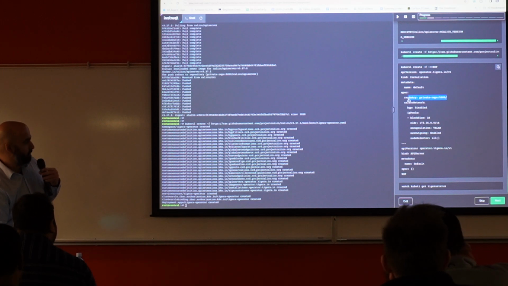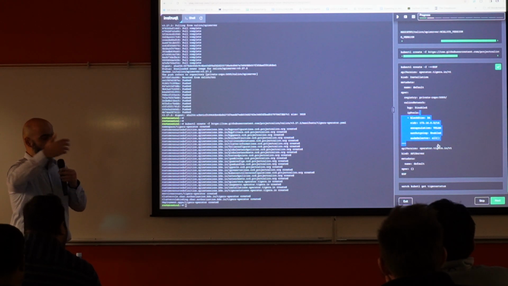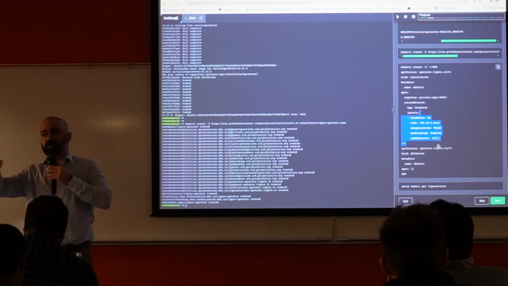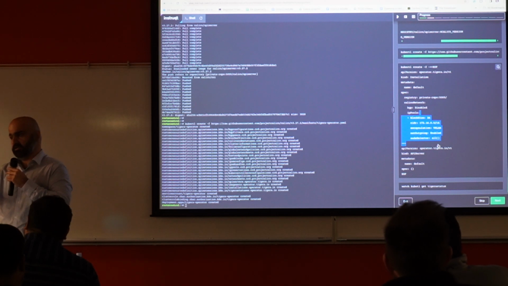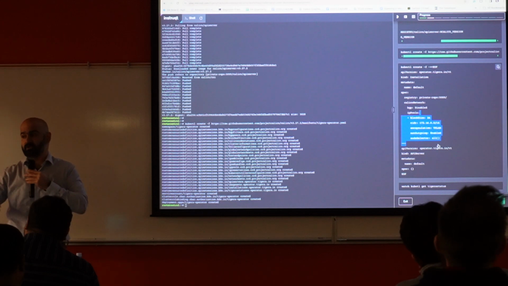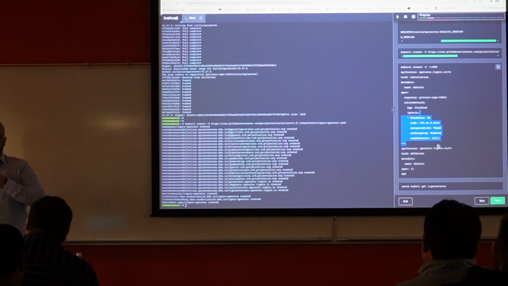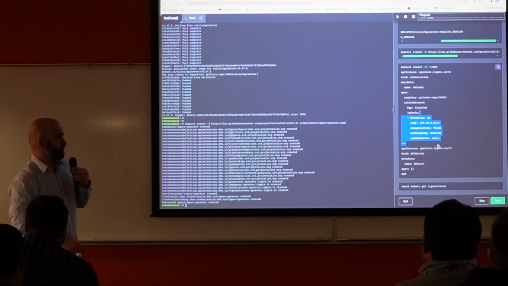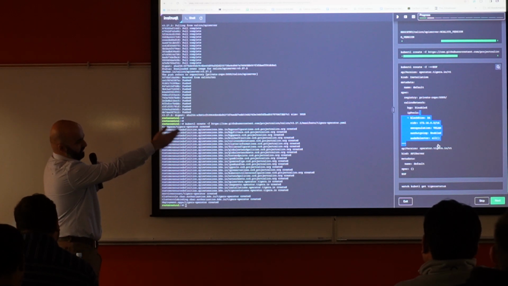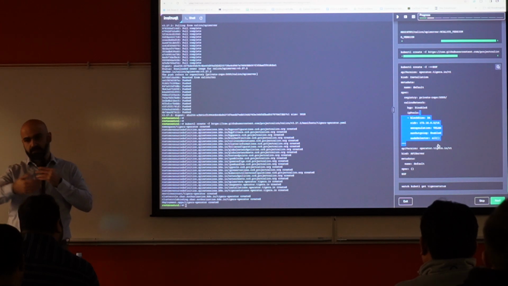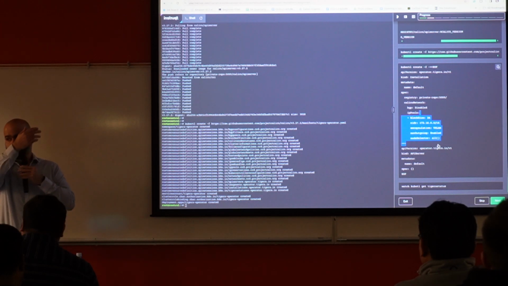This is how I want my networking. This is the CIDR that I'm using. I'm going to use encapsulation because these two nodes are not connected directly to each other. They don't have a broadcast domain. There is a layer 3 sort of magic that happens, so my router doesn't know about it. That's why I'm using encapsulation. NAT outgoing is because my pods need to talk to the internet.